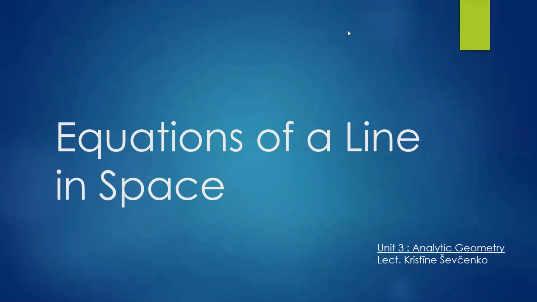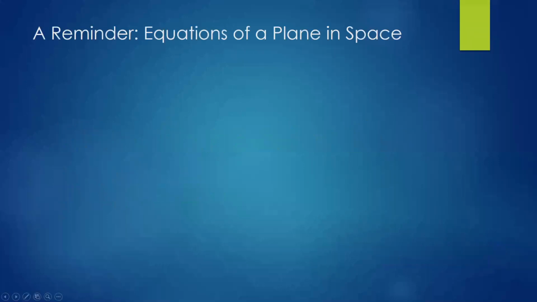Now it's better. And so let's have a look at equations of a line in 3 dimensions in space. So first of all, let's remember what an equation of a plane in space looks like, because we already discussed that for one lesson.